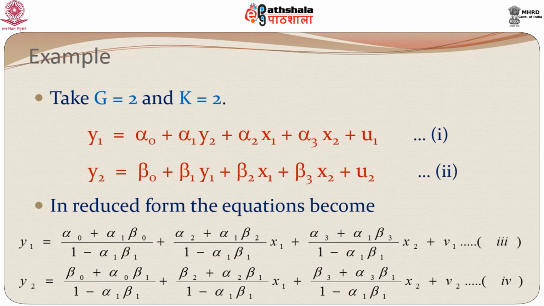So, now you see that 3 and 4 simply have an intercept and two coefficients, which involve only x1 and x2, the exogenous variables. So, the right hand side of 3 and 4 are independent of the endogenous variables y1 and y2.